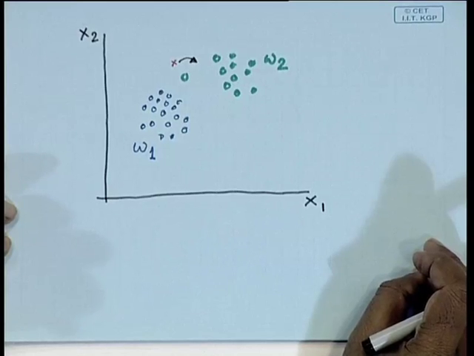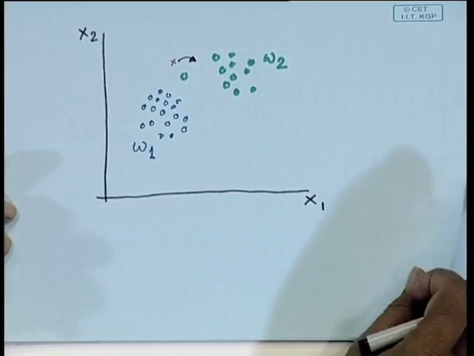A solution to this is that instead of taking a single point which is nearest to the unknown sample, you take a pre-specified number of points which is more than 1. Then you classify this unknown sample to one of the classes based on a voting mechanism given by those training samples, where the number of training samples is pre-specified.